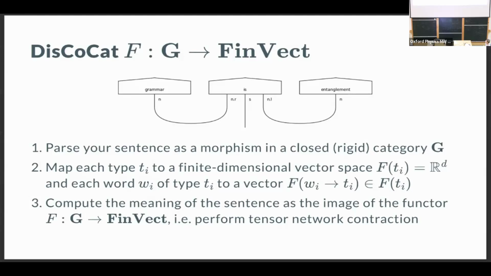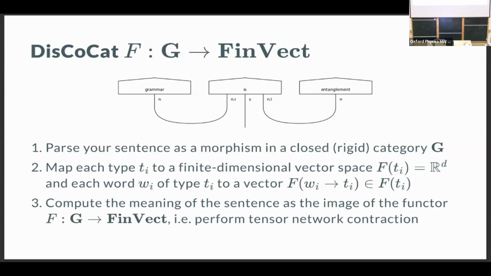Then once you have a grammatical type T, you send it to some finite dimensional vector space. For example, the nouns will go to some fixed dimension n, and then the verb is will have to take n-dimensional vectors, 2 of them, and spit out an s-dimensional vector.